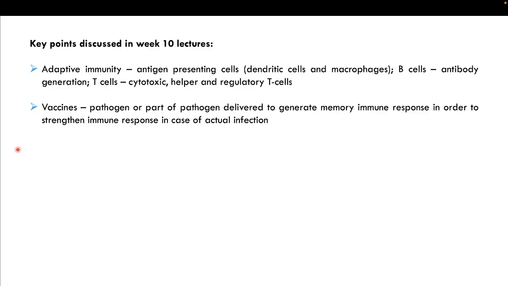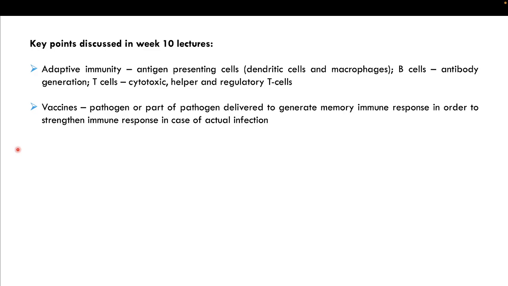Suppose there's a pathogen and you know what that pathogen is, and to avoid getting a severe infection when this pathogen enters your body, we take something known as a vaccine. These vaccines could be an inactivated pathogen or a part of that pathogen, which we deliver into our body. Let our body develop an immune response against that. This will be the first immune response, and your body also makes memory cells.